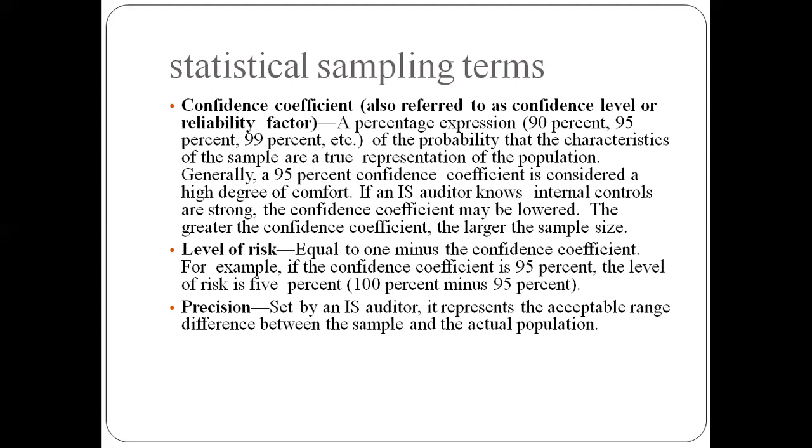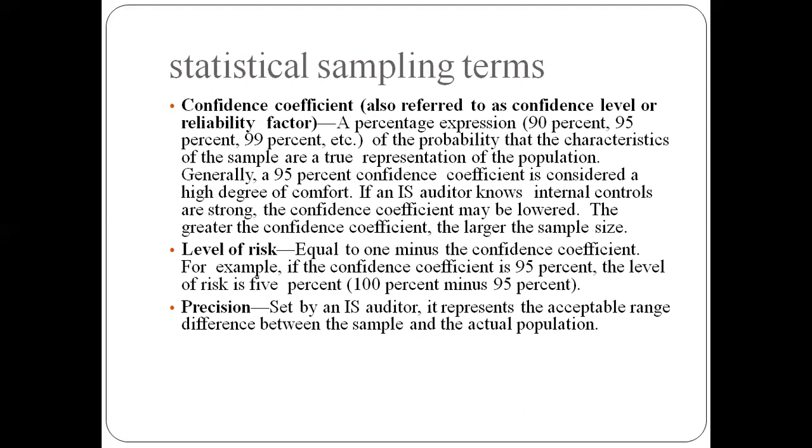You do 75% testing, the level of risk is 25%. Once you don't do 100% testing, there's a risk that the parts you didn't test might be what invalidates the whole audit procedure. That is what is called the sampling risk, and it is very related to audit risk. What you are looking for in the audit may actually be in the sample you didn't test. That is what is called the level of risk.